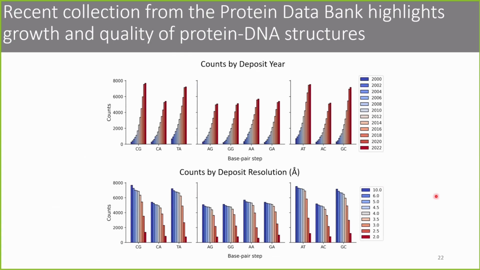Analysis of the collected deposits shows an almost exponential increase in dimer sequence data over the last 20 years, with the exception of the pandemic-related leveling off that we see on the top. In addition, we see a lot more high-quality data, with no less than 2,000 entries for each of the 10 dimers at resolution 3 angstroms or better.